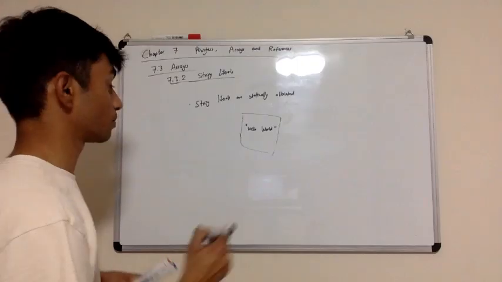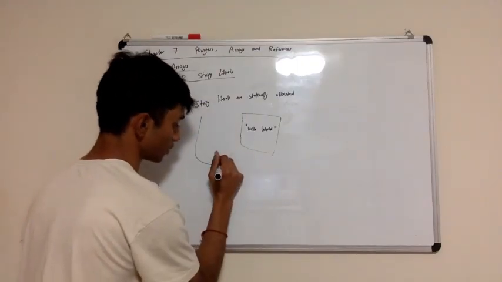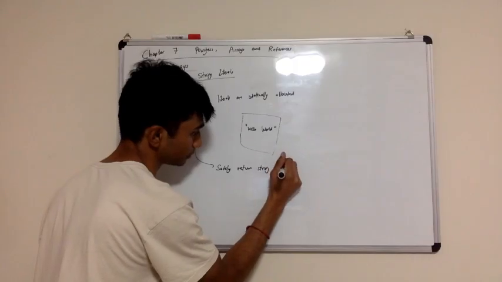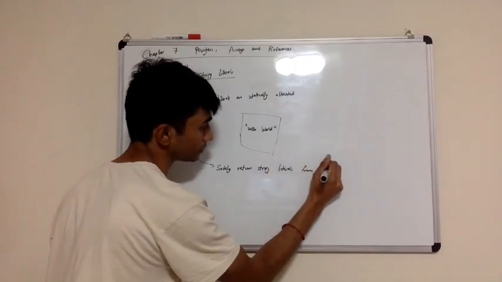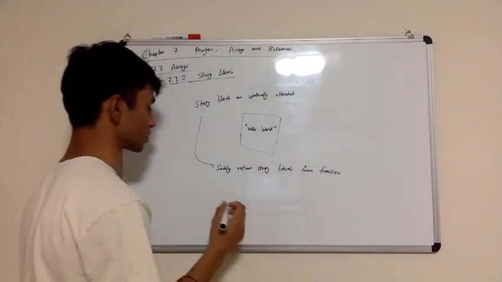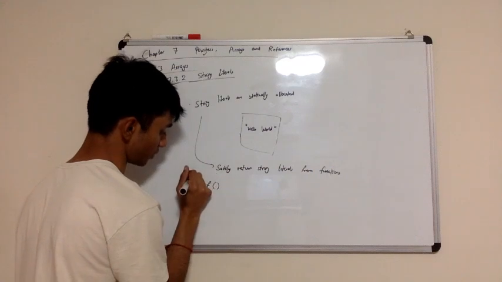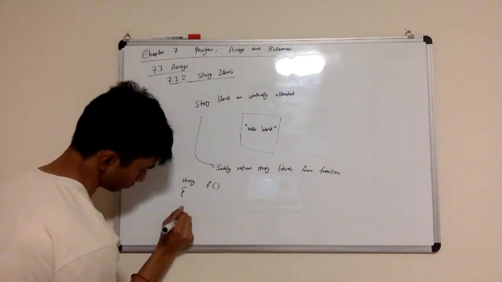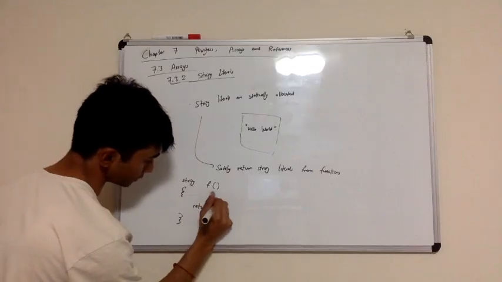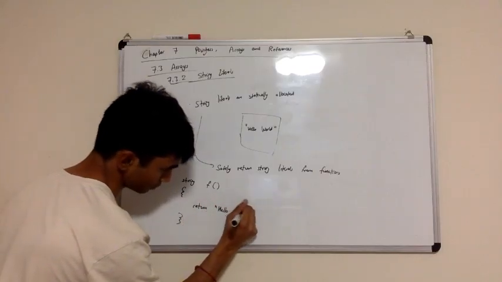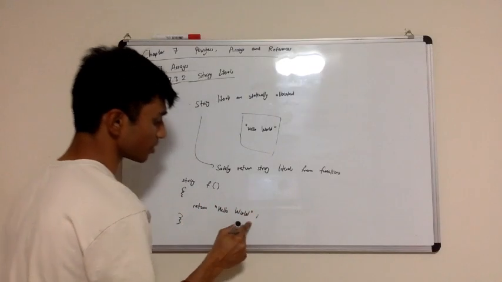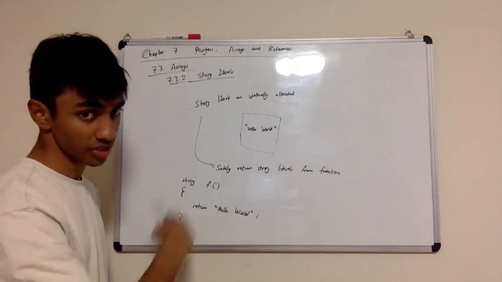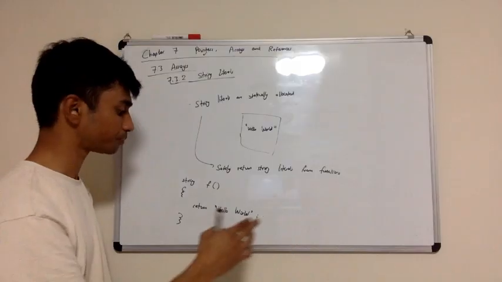The consequence of this also is you can safely return string literals from functions. Imagine some function f that returns a string. So you say it returns hello world. Because this is in memory, that will persist after the function has finished and the scope of the function is gone.